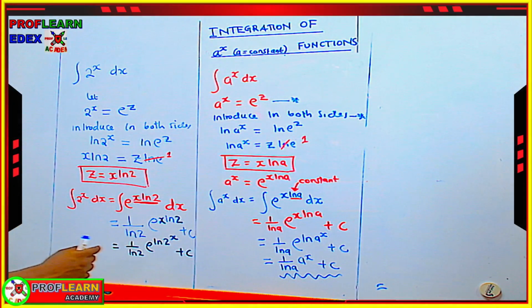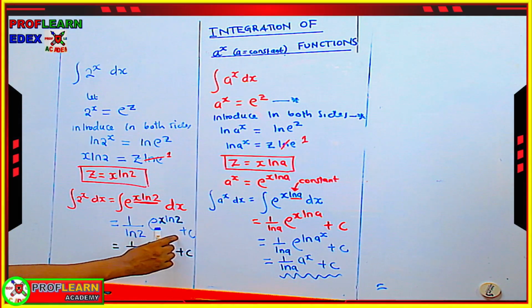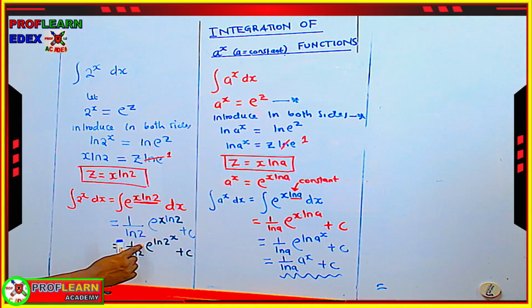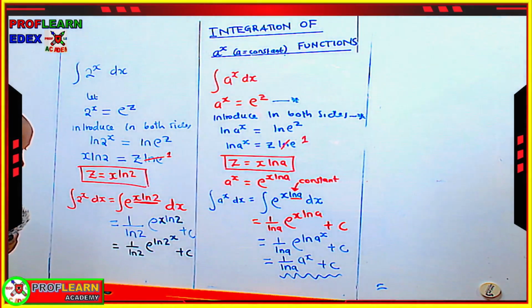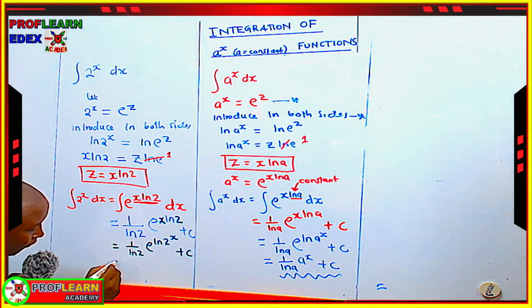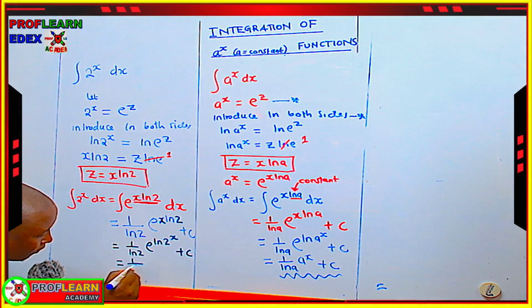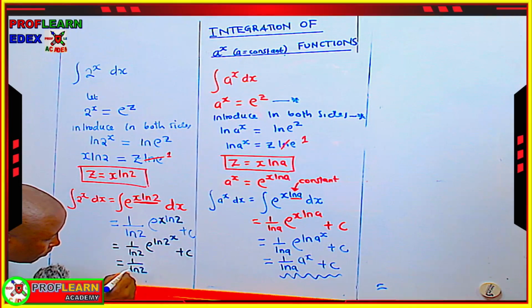So meaning that taking this behind the exponent, e to the ln will be 1. So finally, our final answer will be 1 over ln of 2.